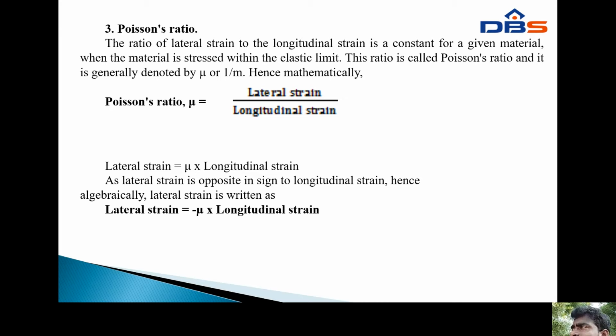The Poisson's ratio symbol is mu or 1 by m. Poisson's ratio is very important in short answer questions and problems.